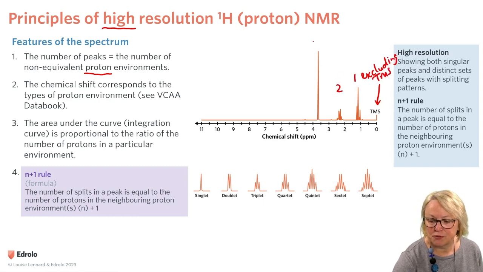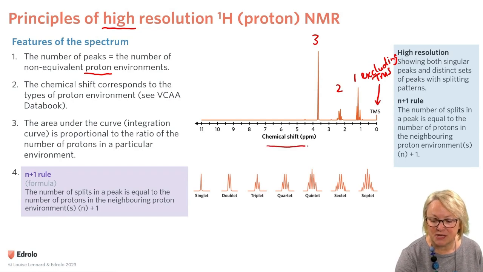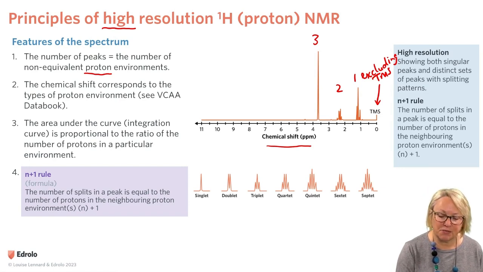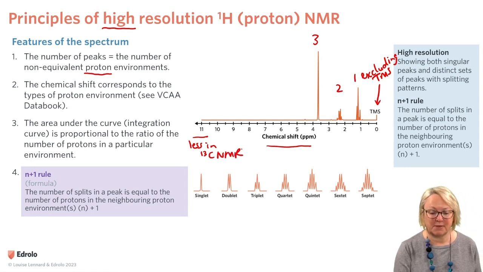So we have 1, 2, 3 sets of peaks, so we have 3 proton environments. The chemical shift, according to the location on the x-axis, corresponds to the types of proton environments. And note that in proton NMR, the chemical shift range is less than in 13-carbon NMR, which goes up to about 200 parts per million.